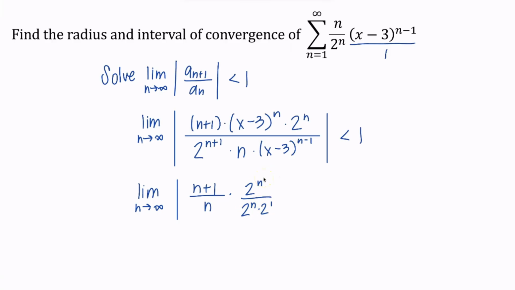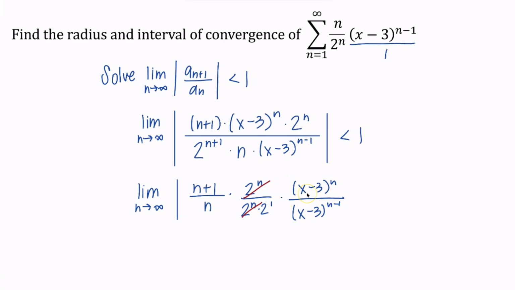So these 2 to the n's will cancel and give me a 1. Then on the top, I have (x minus 3) to the n, and on the bottom, I have (x minus 3) to the n minus 1. So in total, I have one extra copy of x minus 3 on the top, and one less copy on the bottom.